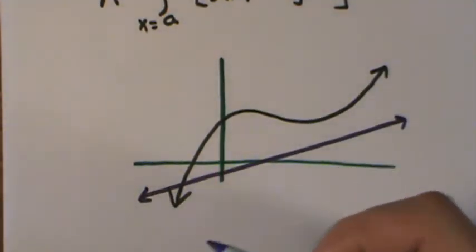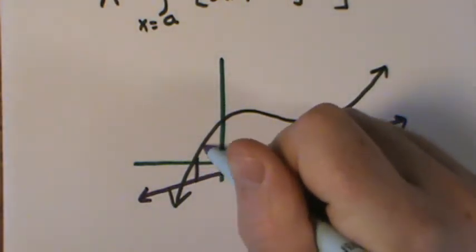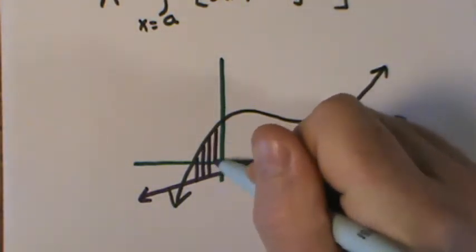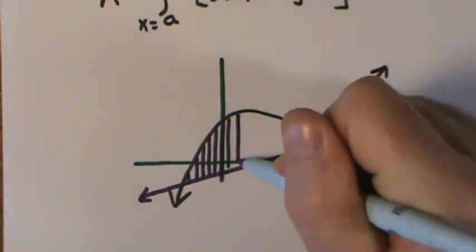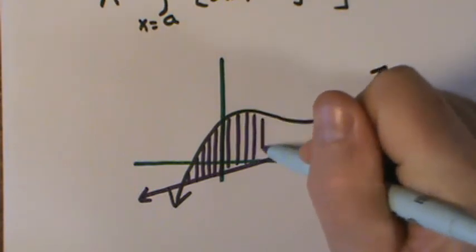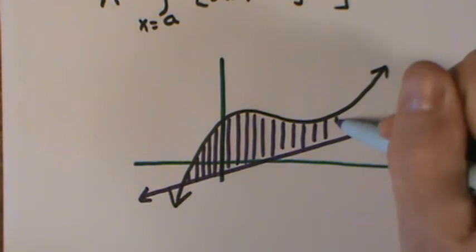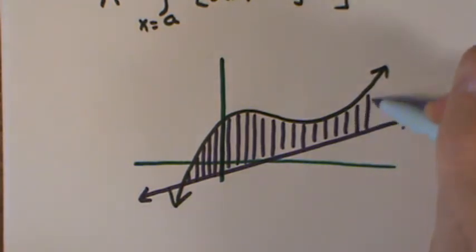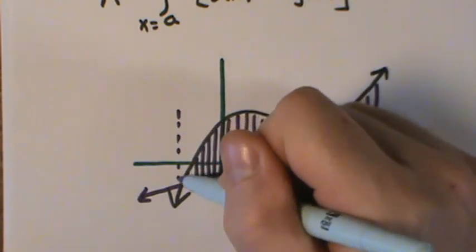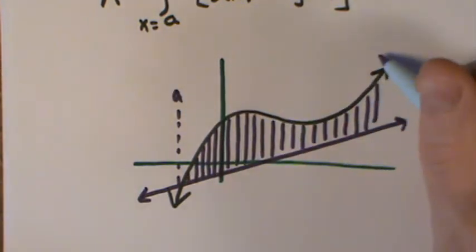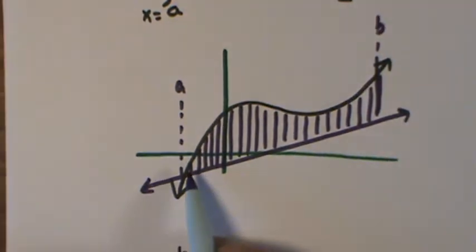So it's very much like the rectangles we were doing with Riemann sums. We're just going to slice this so that each of our widths is a dx. And this formula will find the area between those curves. If you think about it, it makes a lot of sense, because if we say this is a and this over here is b, you can see the rectangles.